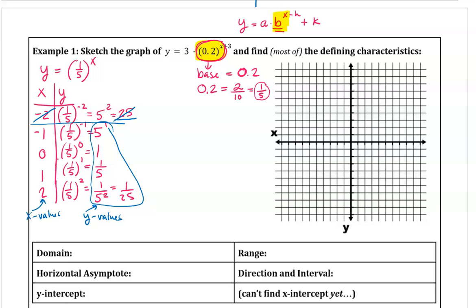And then that's where a, h, and k come in. So a is 3. It's the number multiplying outside of the base to the power of x. And then h is this number in here, opposite sign though, so h is -3 because there was a +3 adding to x in the equation.